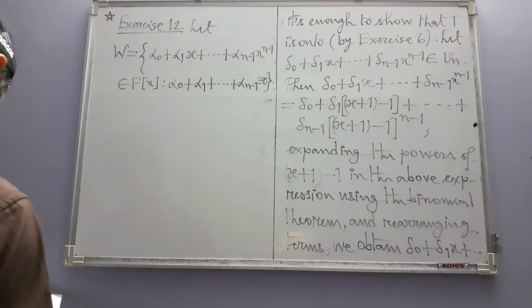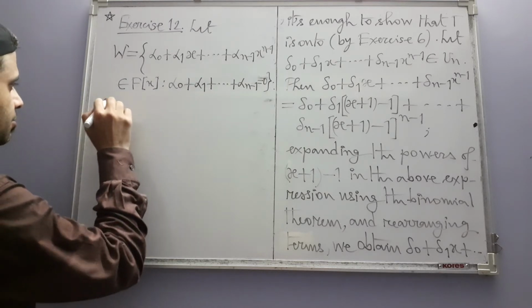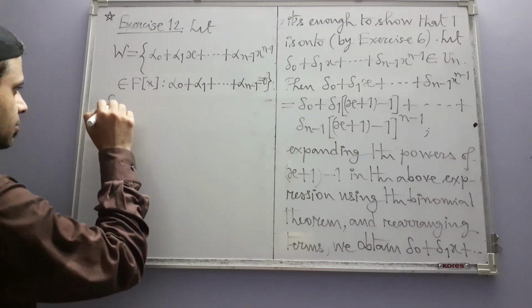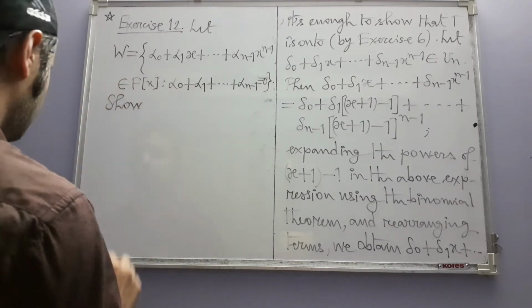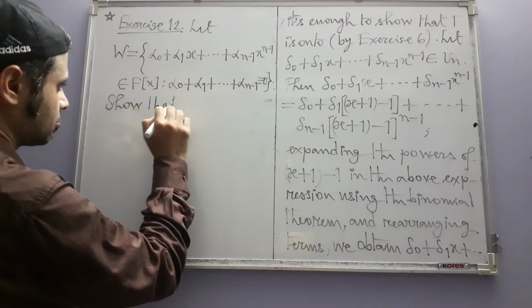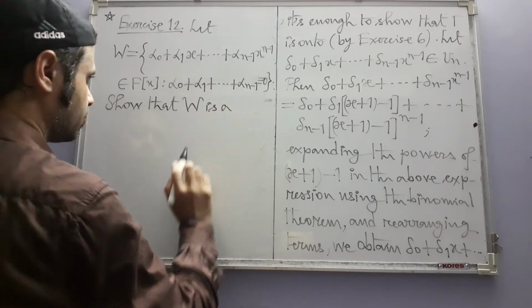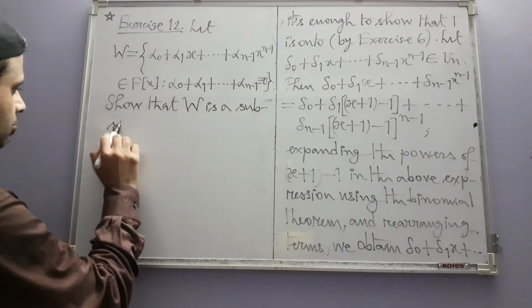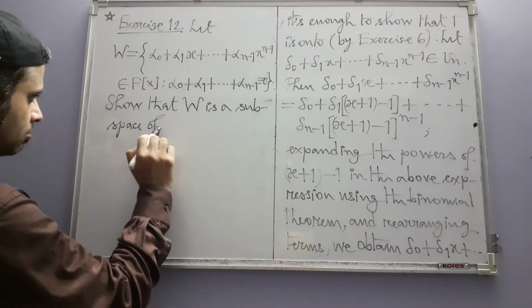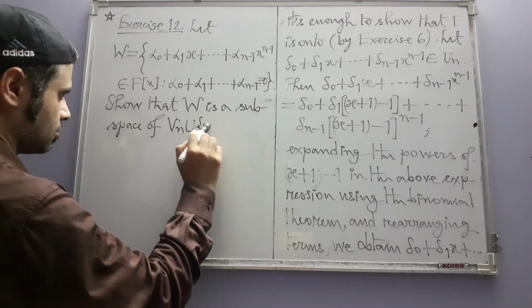Show that W is a subspace of Vn. No, actually that is not true, because Vn itself is not a vector space. So in the exercise itself we will modify it slightly. Show that W is a subspace of Vn union 0.